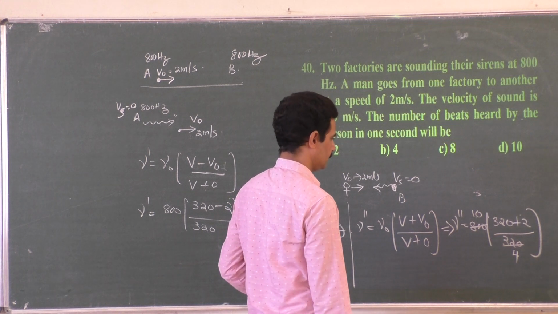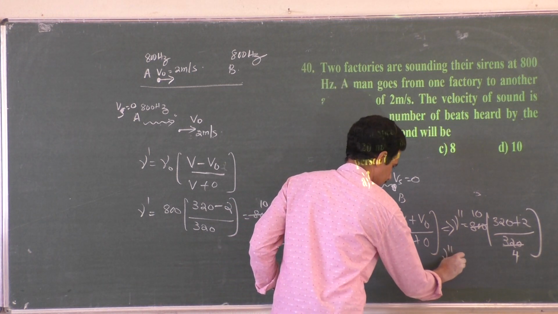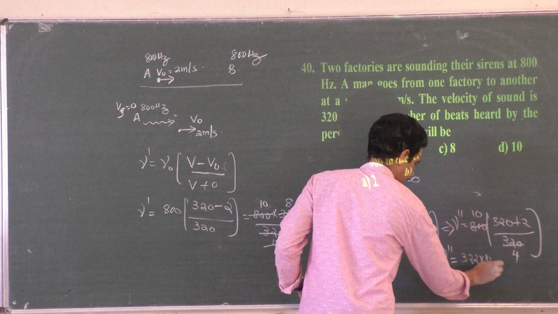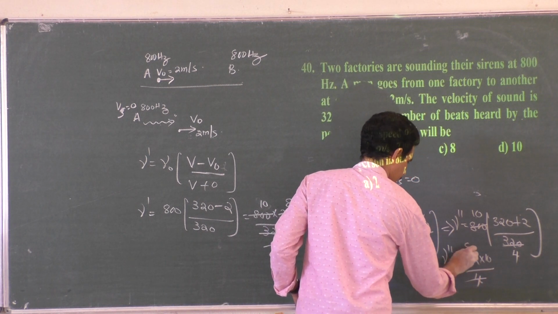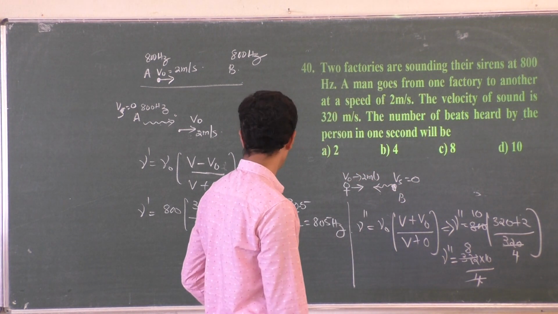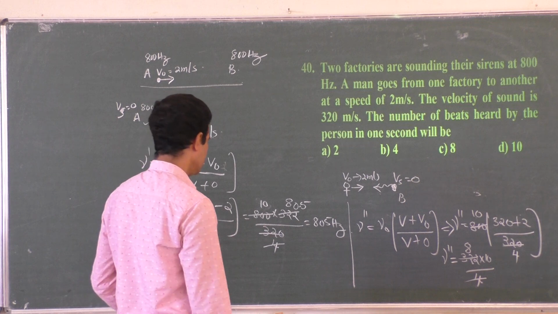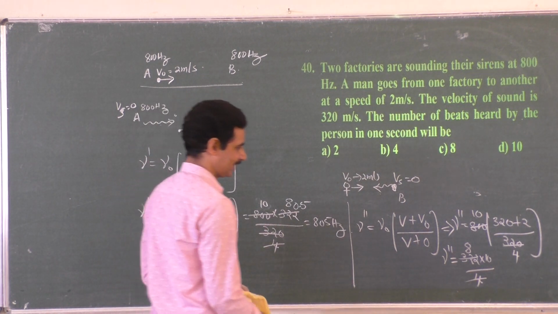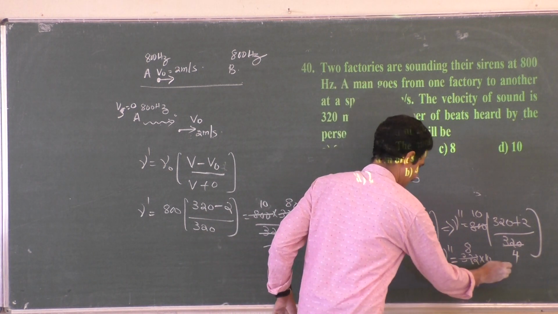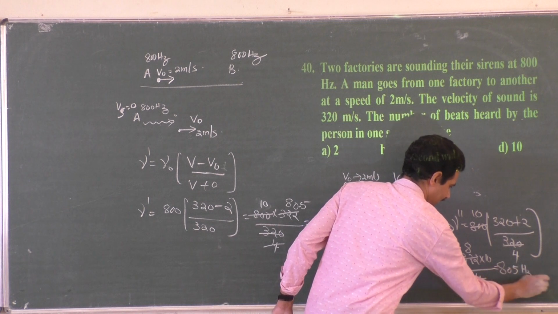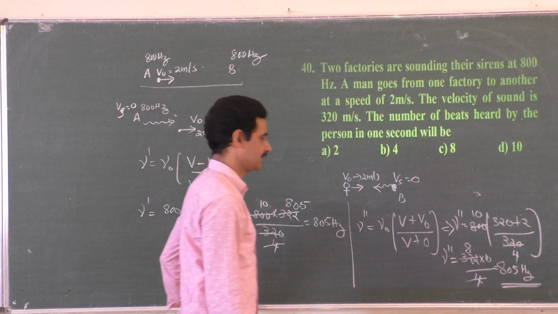That is 322. Oh, here it has gone wrong. How can it be 322? I am getting the same answer. That is 805 again.